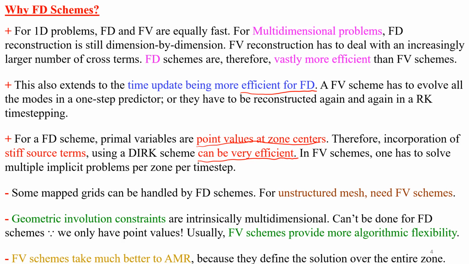If you have any geometrical involution constraints, like a div-preserving or a curl-preserving involution, then you will definitely need finite volume schemes because they have certain algorithmic flexibility. In a finite difference scheme, you only have point values, so there's not that much algorithmic flexibility. This algorithmic flexibility also extends to adaptive mesh refinement, because there too, the fact that you're defining things in a finite volume sense can help you quite a bit.